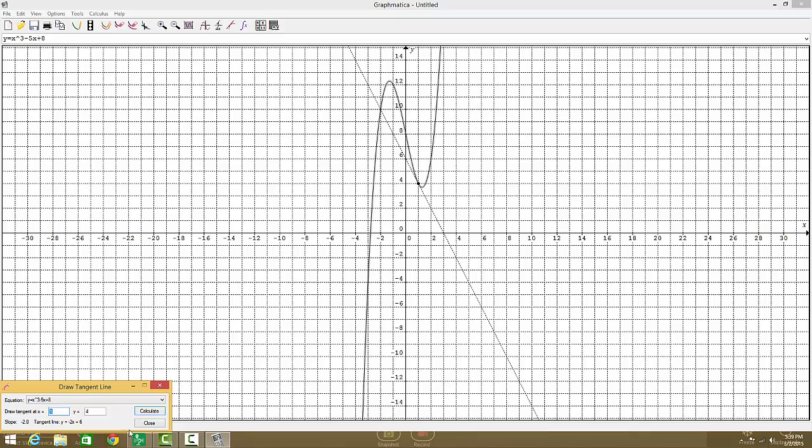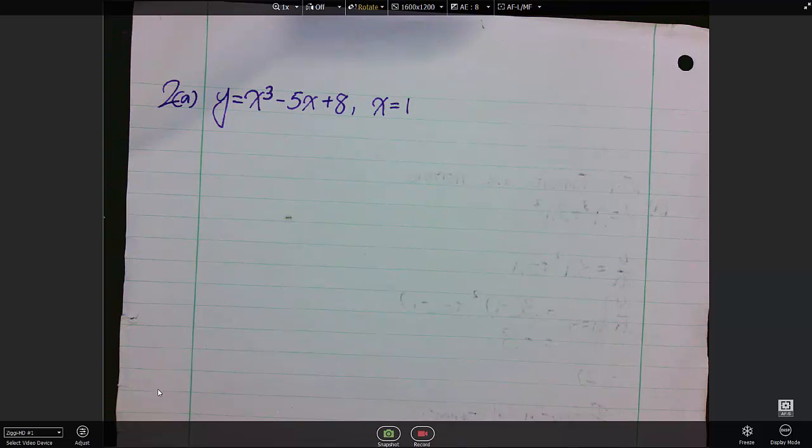Ta-da! And I find that my tangent line is y equals -2x plus 6. But be very careful, what you're looking for here is not the tangent line, but the equation of the normal. Just bear in mind that this is the tangent line down here. I will find the equation of the normal for you in a short moment.